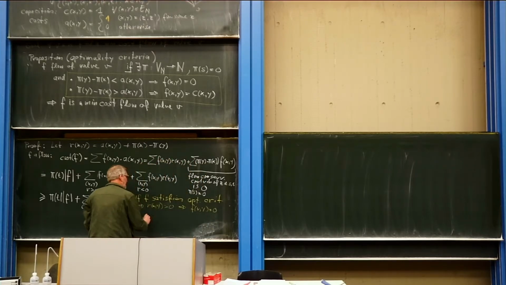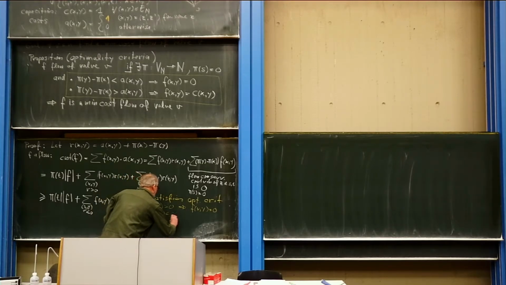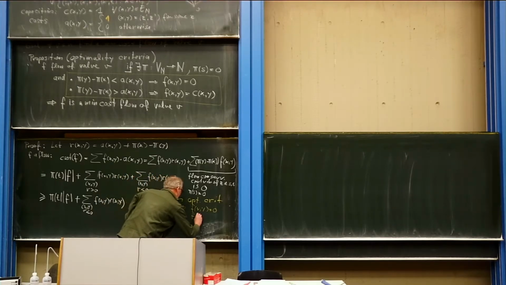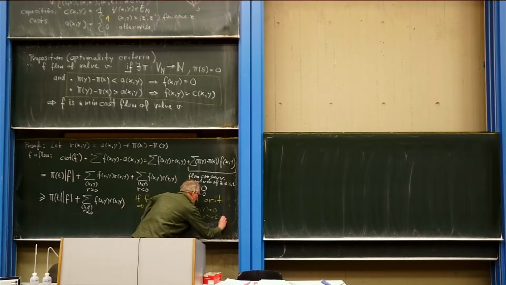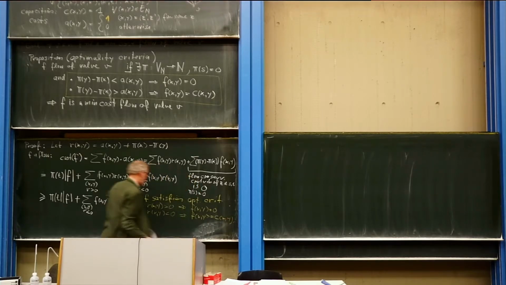And if r_xy is less than 0, then this means that the flow is equal to the capacity of the edge.